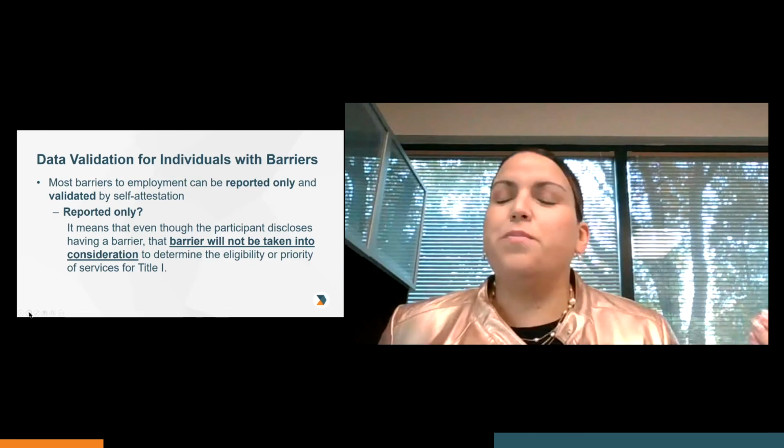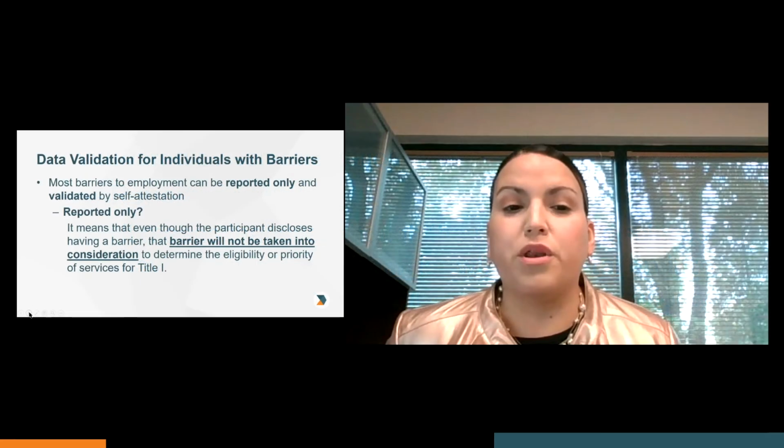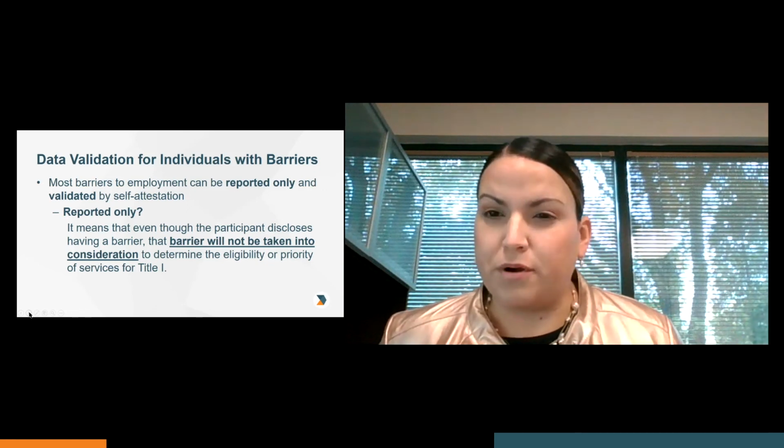So what does reported only mean? It means that even though the participant discloses having a barrier or multiple barriers, that barrier will not be taken into consideration to determine the eligibility or priority of service for Title I purposes.